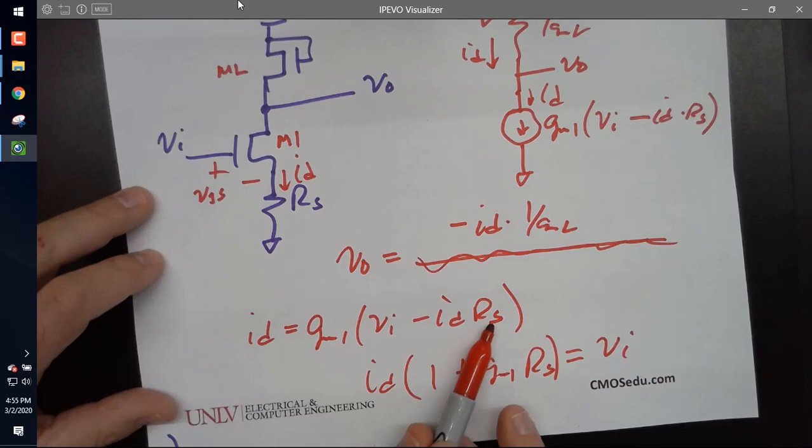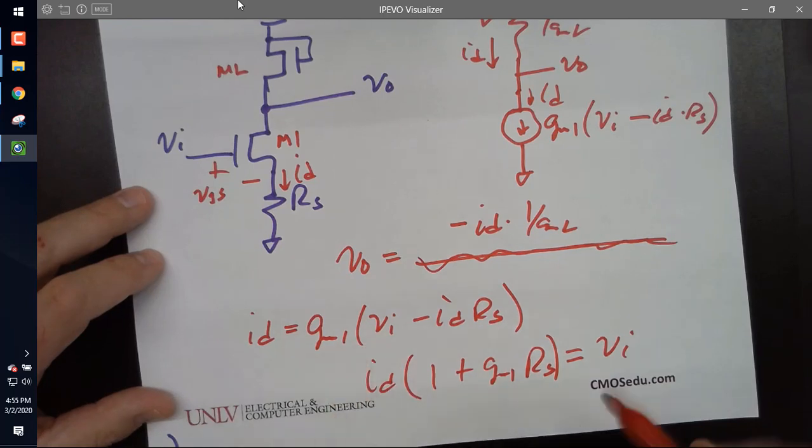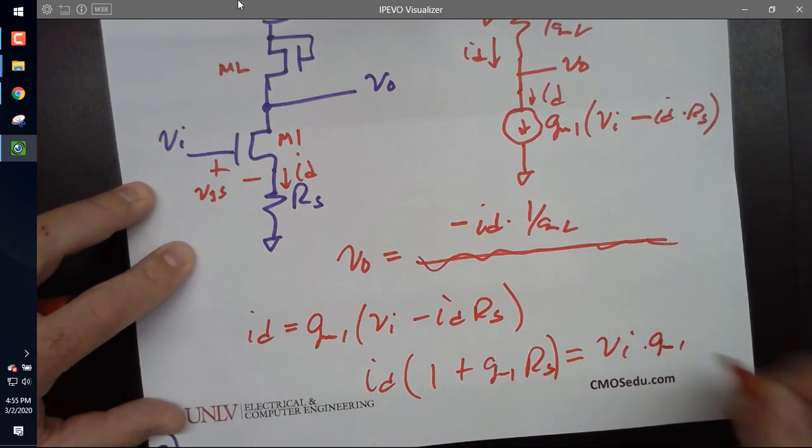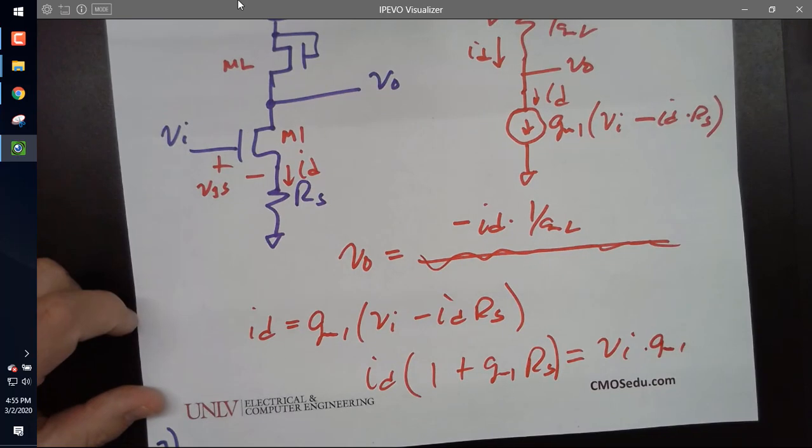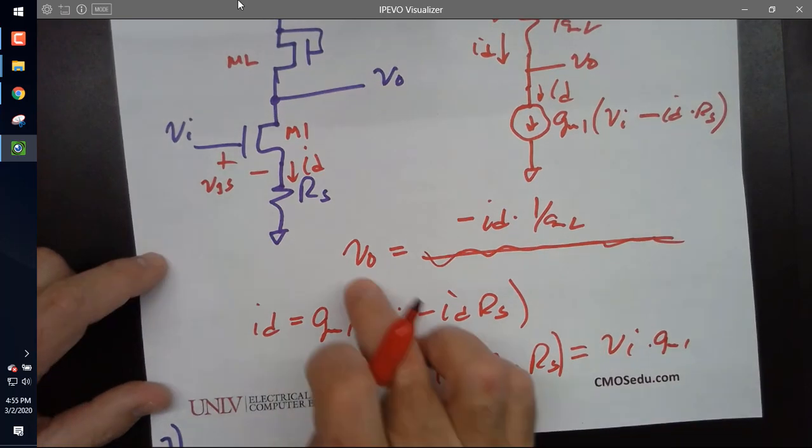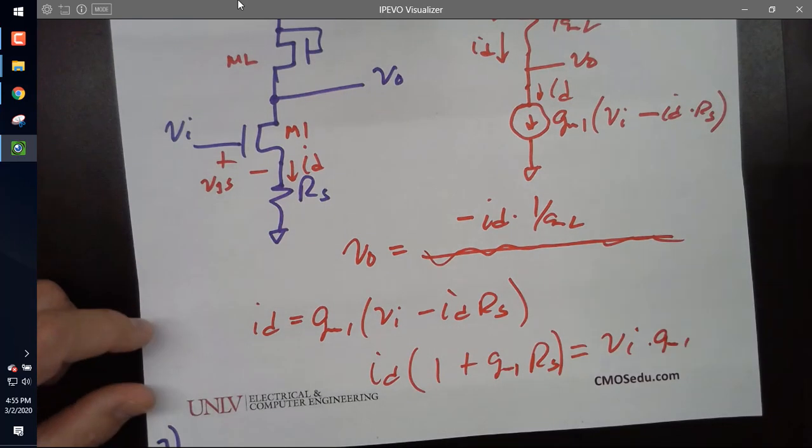GM1, RS. Oh, yeah, thank you. Looking good? So now V out is that, so let's write that on the next page.